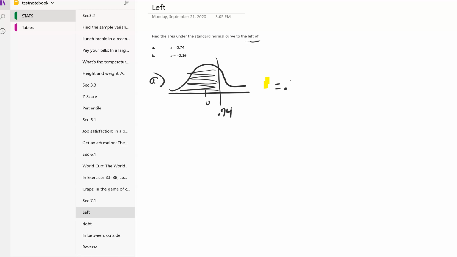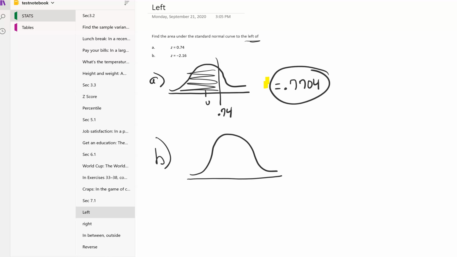It's almost the same answer. So you have to really keep these straight. All right, B. Again, this is to the left. So if I made a little picture, again, 0 is always in the middle. Negative 2 maybe over here. So I'm looking up for this. So it's whatever I look up on the chart.